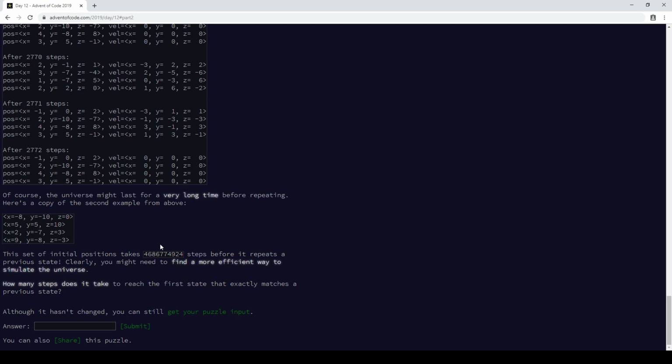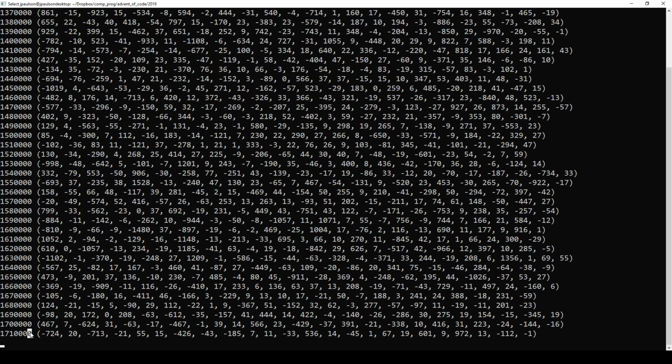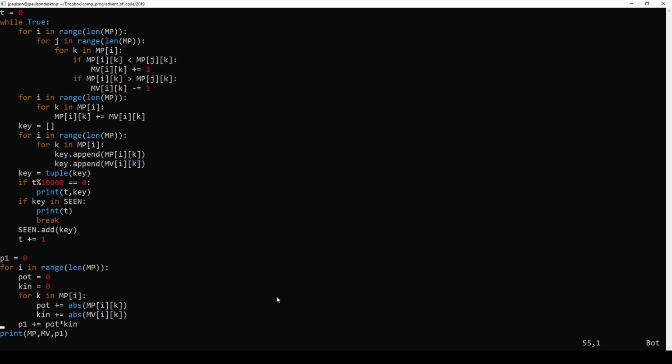This is billions. It's not that many. All the dimensions are separate.